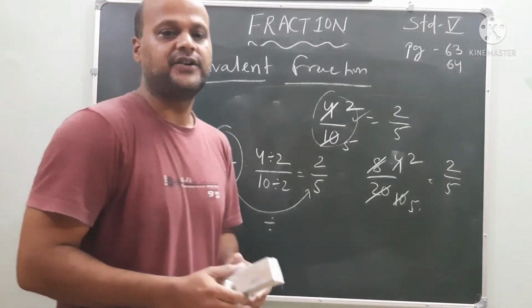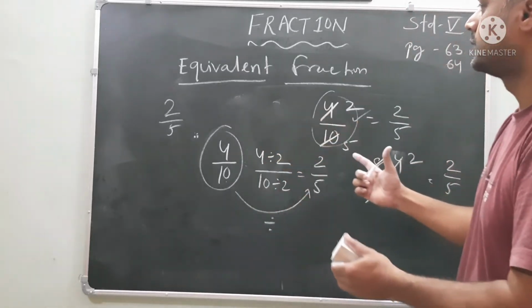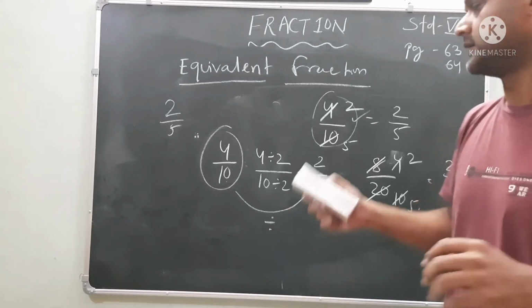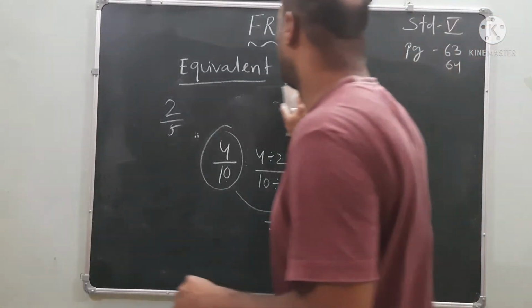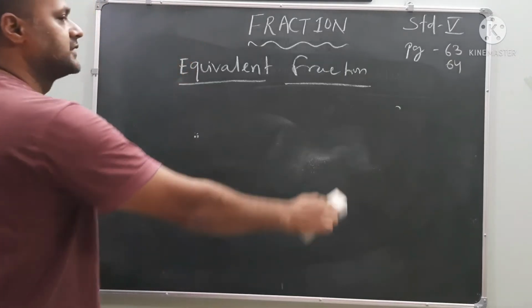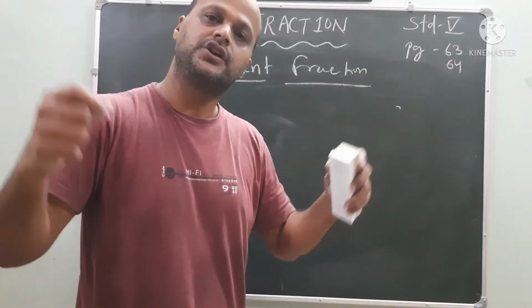Equivalent fraction is done. Now the next one is greater than, less than. Let's come here. If two fractions are there, which one is greater and which one is smaller?